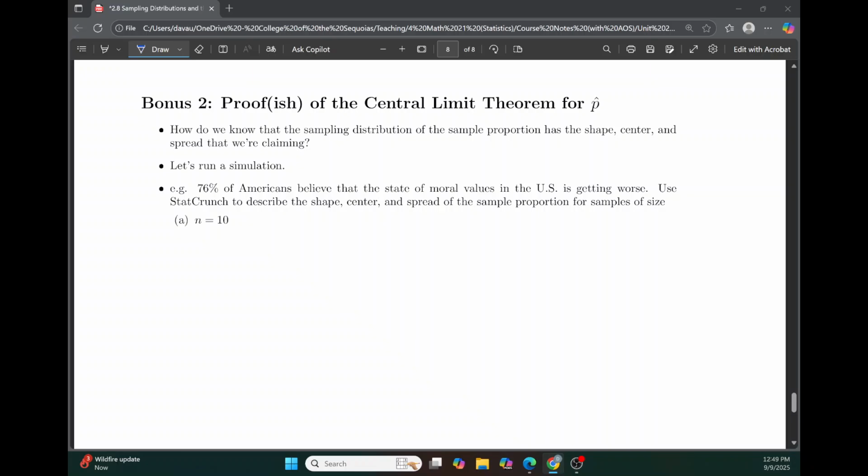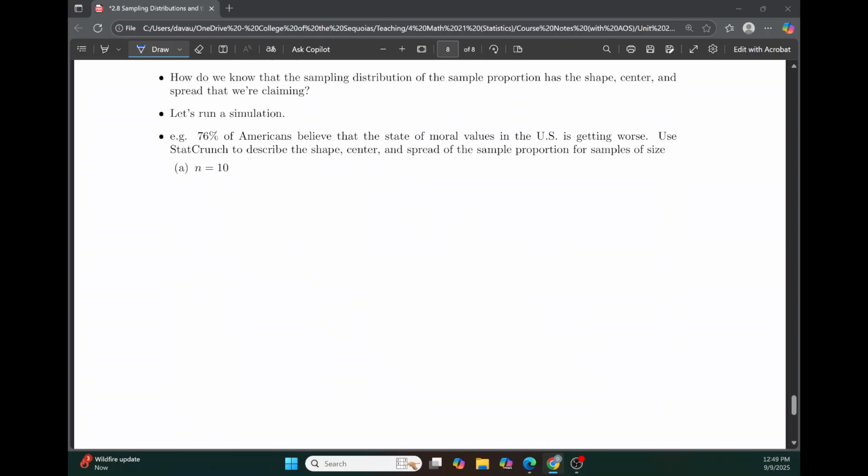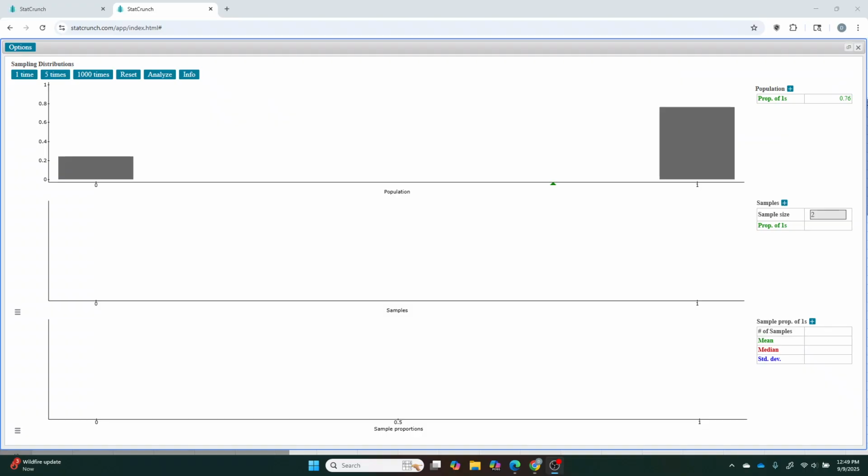So I'm going to set up a simulation where we have a binary distribution where the probability of success is 76%, okay? And then we're going to simulate collecting a bunch of samples. We want to collect samples of size 10 in part A, and in part B we want to collect samples of size 60. So let's do that.